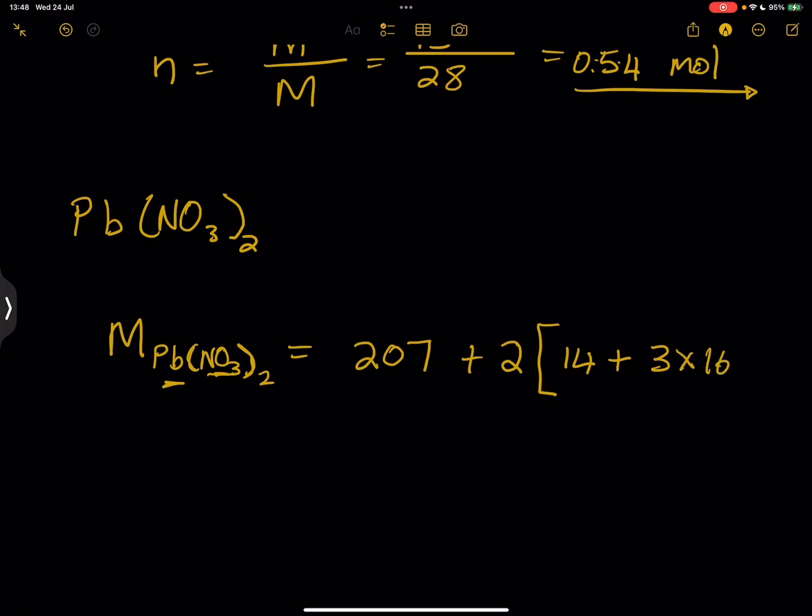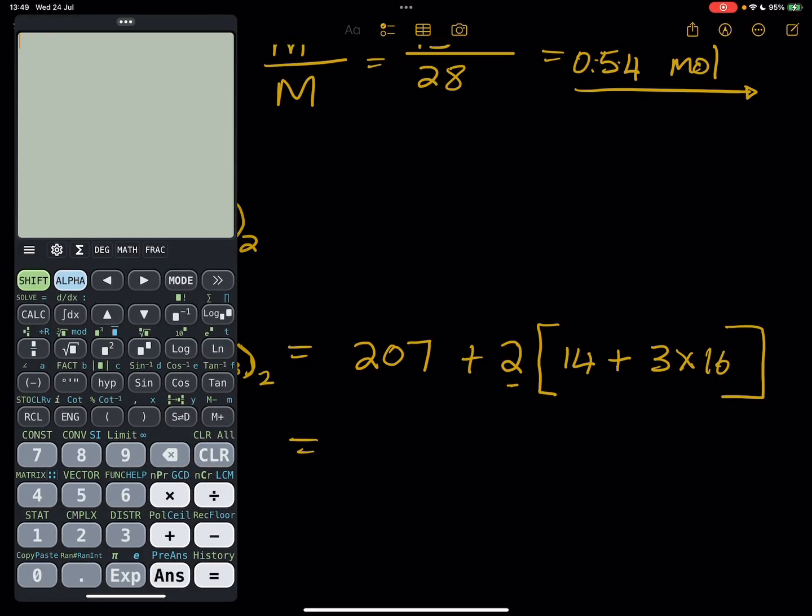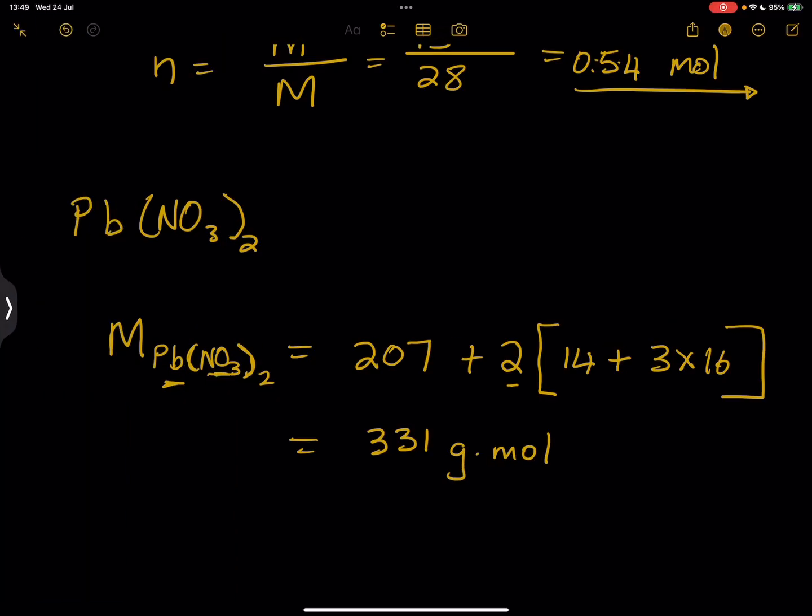But all of that is multiplied by the 2, so let's calculate that quickly. We're going to have 207 plus 2 into (14 plus 3 times 16). And so that's what we get: 331 grams per mole. That's how you would determine the molar mass of lead nitrate.